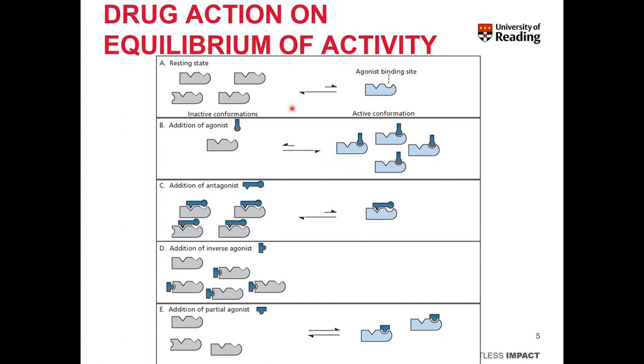In contrast, if we take our natural resting state and we add an antagonist, we will drastically reduce the population of active receptors, but we won't completely eliminate receptor activation. If we add an inverse agonist, we will completely eliminate receptor activation from the system. And so the inverse agonist gives us the lowest level of receptor activation, or the highest amount of receptor inactivation.